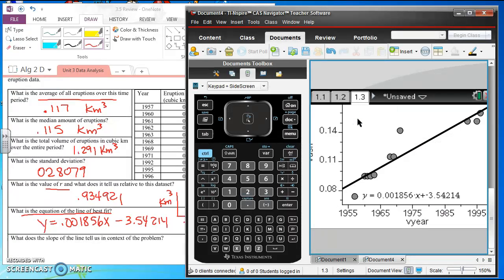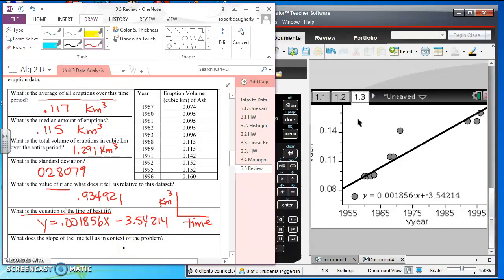Okay. So y is equal to 0.001856x minus 3.54214. Okay. And then what does the slope of the line tell us? Remember the slope is change in y over change in x. So y is the amount of eruptions, x is the year.